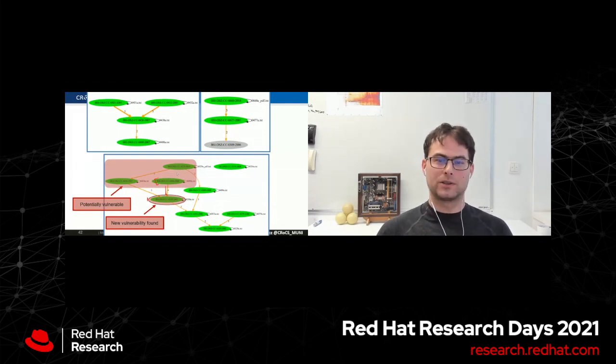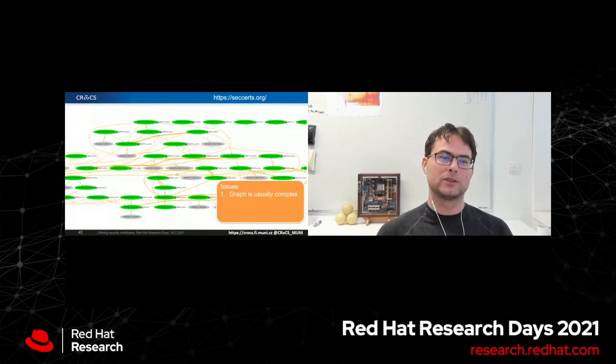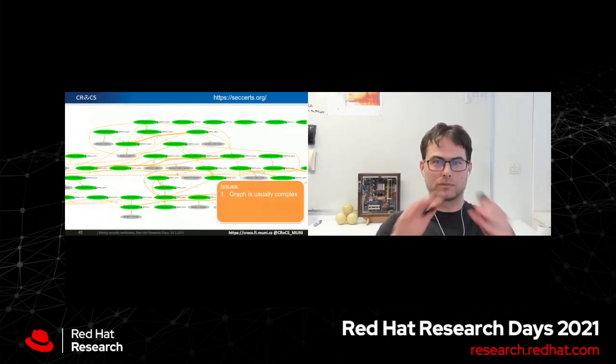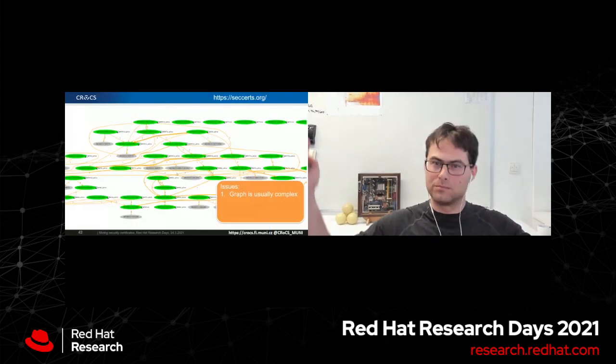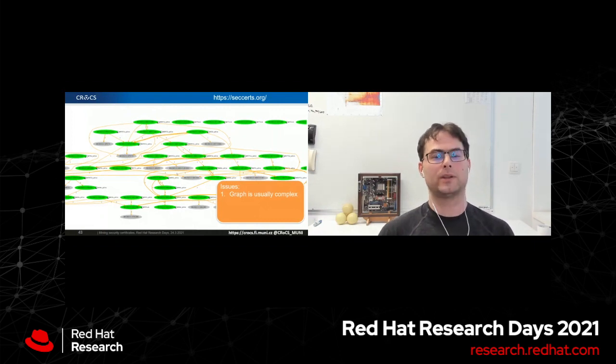First of all, the graph is usually more complex. So this is another snippet out of the whole huge graph we are able to generate at the moment. So it's more complex. That's one thing. The second thing is these references are inconsistent.